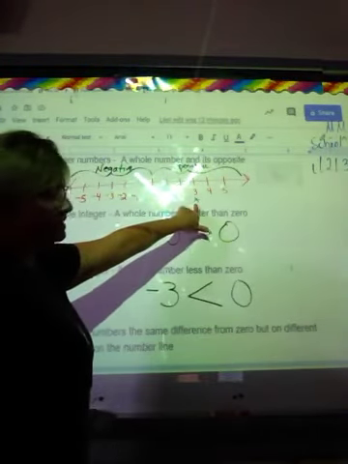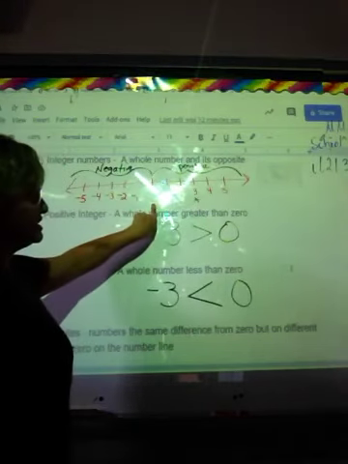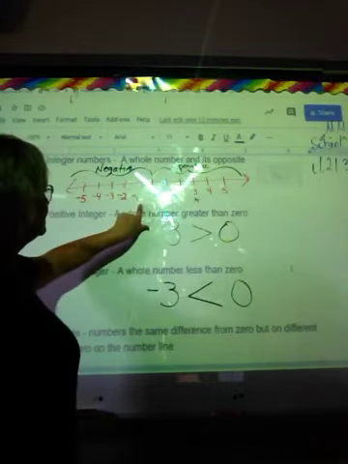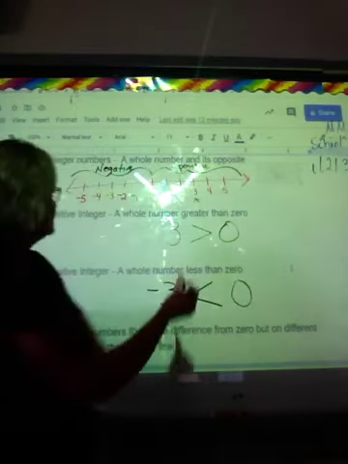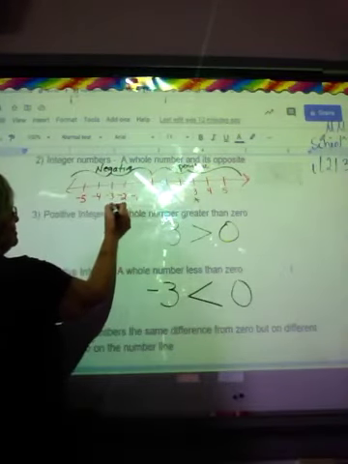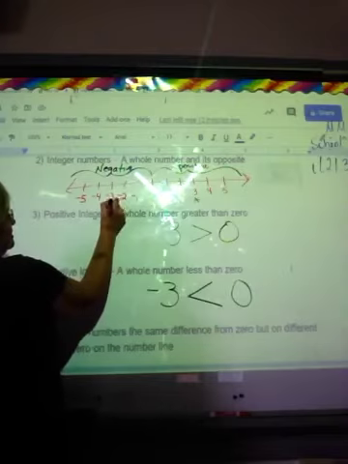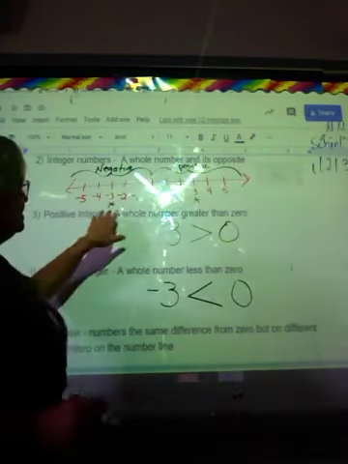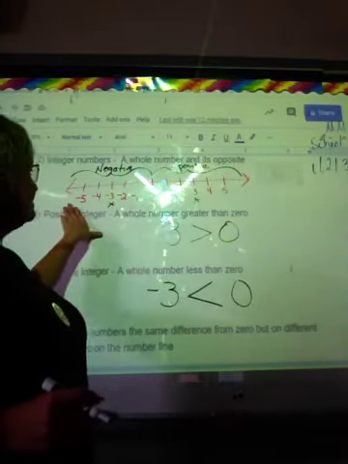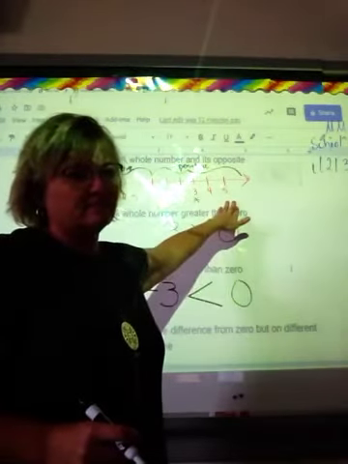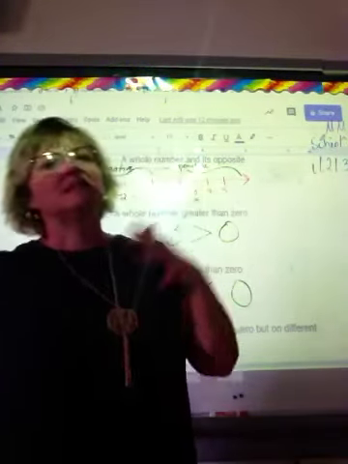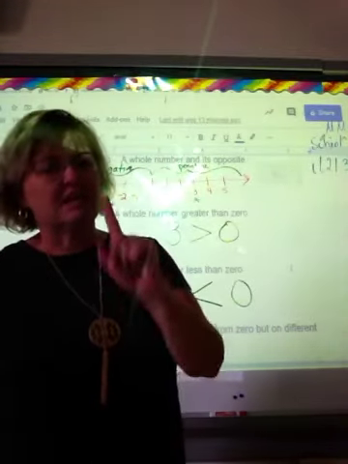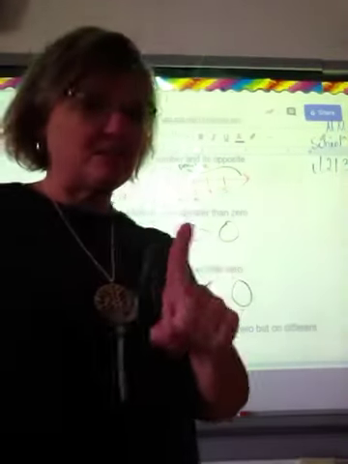Opposite it is going to be 3 spaces going left, right, left, opposites. So we got 1, 2, 3. Okay? So the opposite of -5, +5. The opposite of 2,000, -2,000.